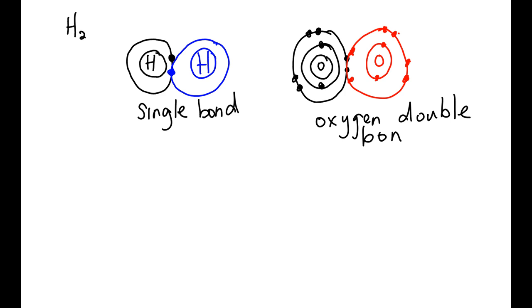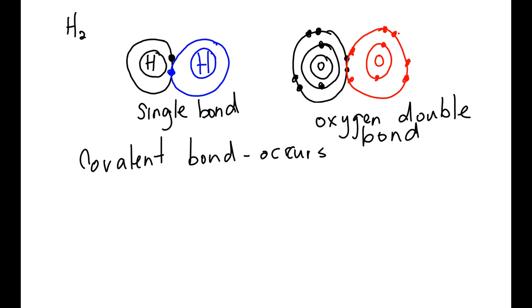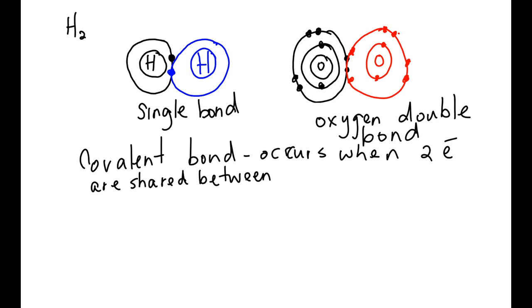Now a covalent bond occurs when 2 electrons are shared between 2 different atoms.